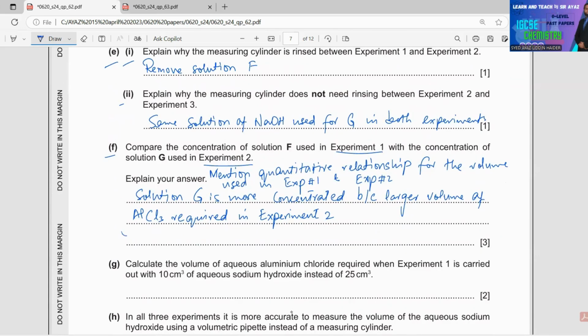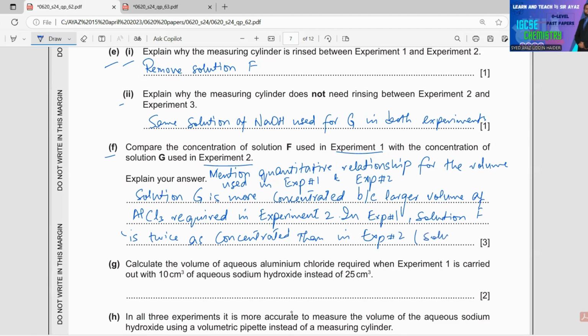In experiment 1, solution F is twice as concentrated than in experiment 2.